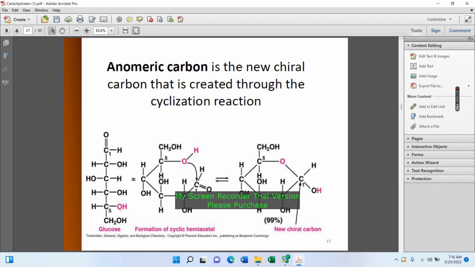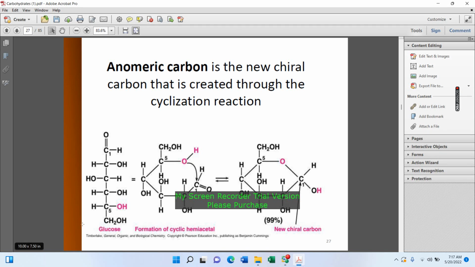So what happens here is that when cyclization, or formation of cyclic hemiacetal, happens, the new carbon created forms a bond with oxygen, hydrogen and a hydroxyl group, and we call it the new chiral carbon.